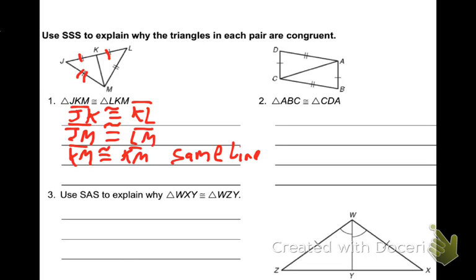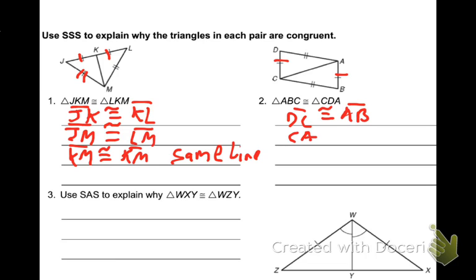Number 2, triangle ABC is congruent to triangle CDA. So what do we know is congruent on this one, Caitlin? DC is congruent to what? AB. Good work. What's something else you know to be congruent, Gabe?